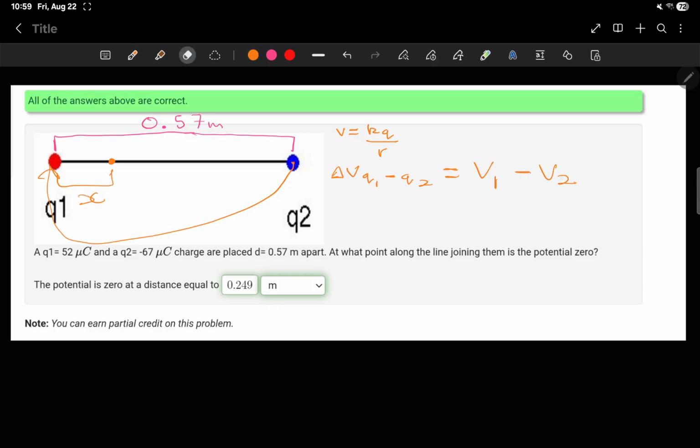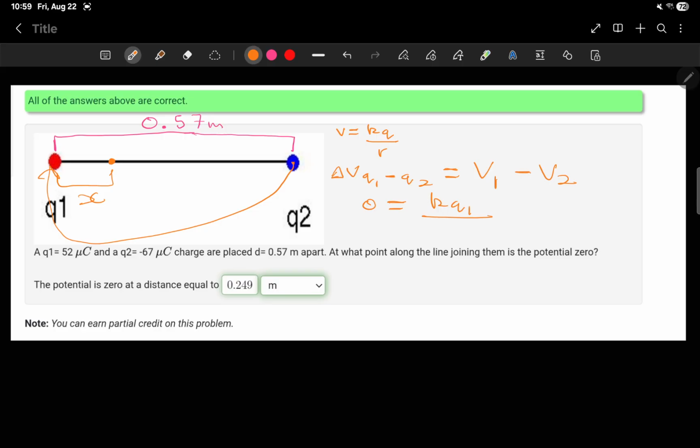And now I'm just going to plug in this equation for each of those charges. And I know that the change in potential has to be 0 because that's what we're being asked. So it's going to be 0 is equal to kq1 over r.